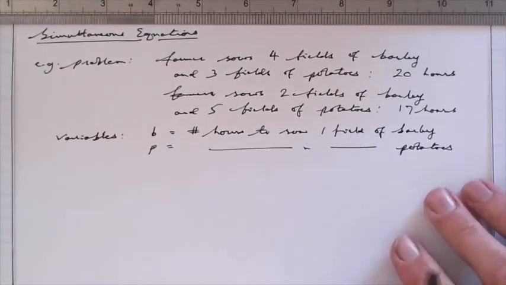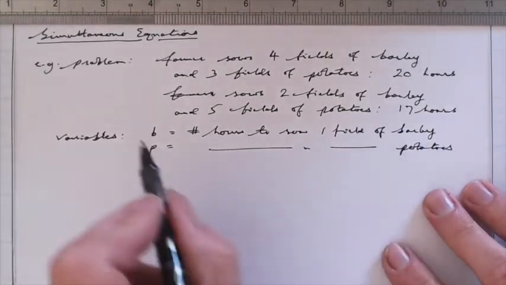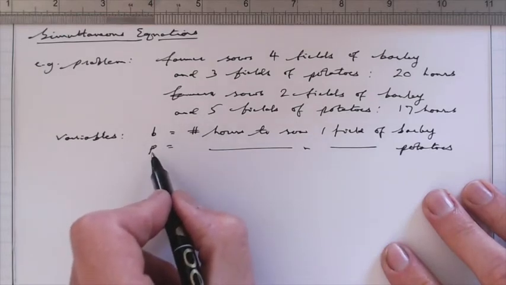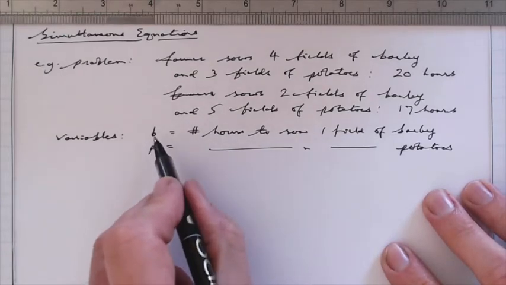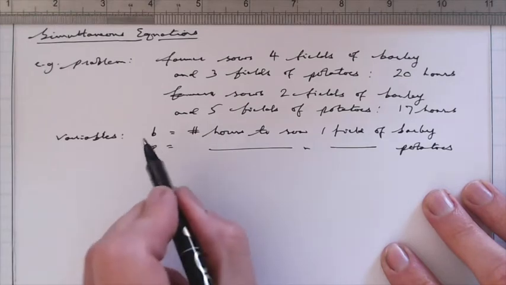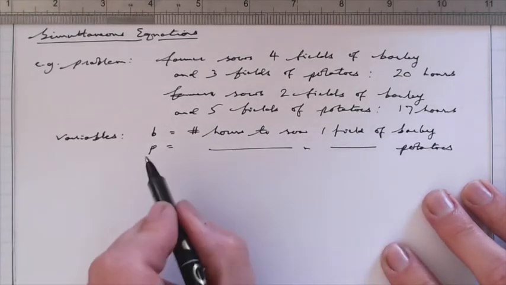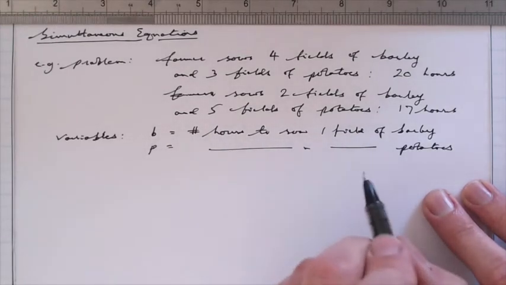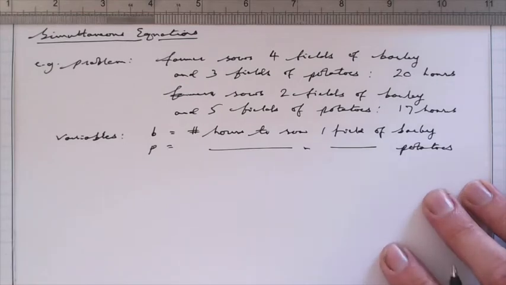I've just chosen variables that make sense: B stands for barley, P stands for potatoes.